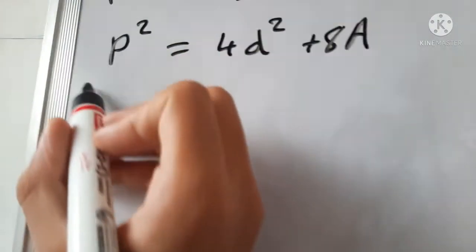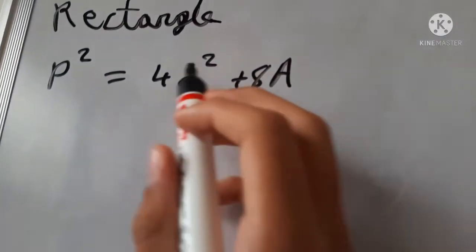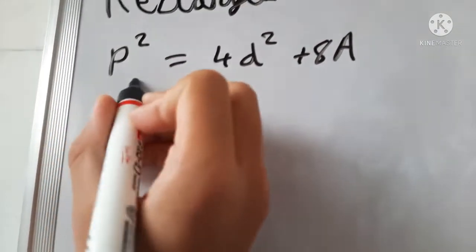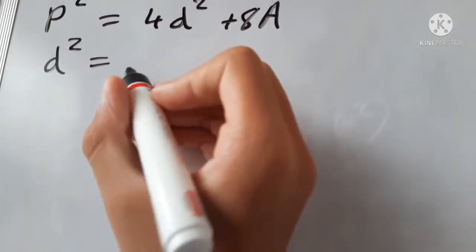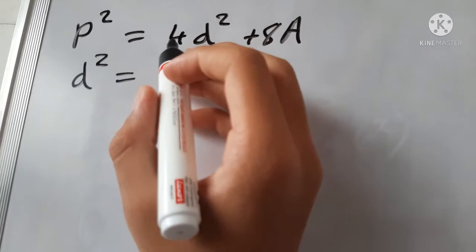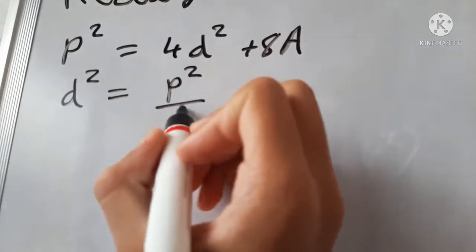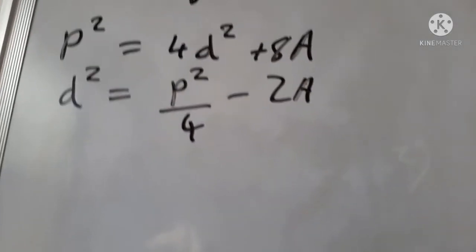Then we can get an equation for d squared. So p squared minus 8a is 4d squared, and d squared is p squared over 4 minus 2a.